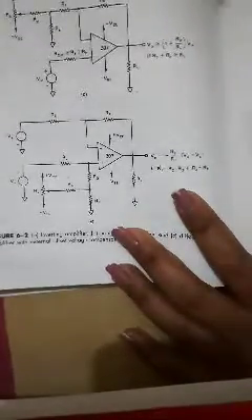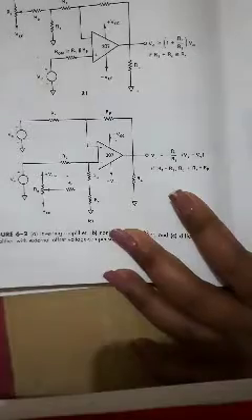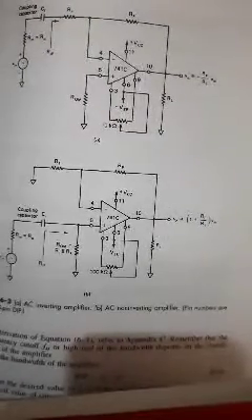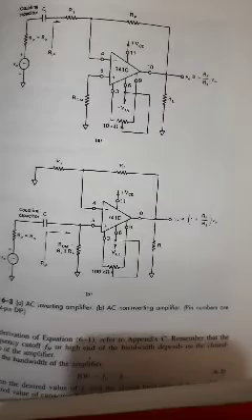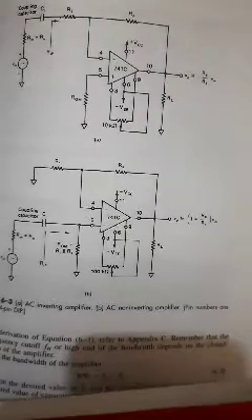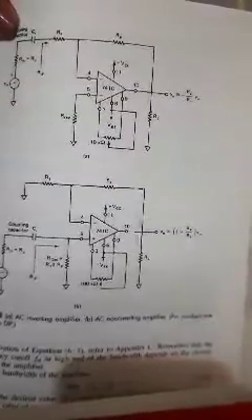Similarly for the AC amplifier, whatever circuits we have discussed just now for the DC amplifiers will respond to AC input signals also. However, if we need the op-amp to give an AC output only, or to remove the DC, then we use coupling capacitors, as you can see here.